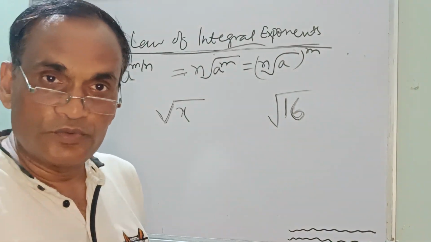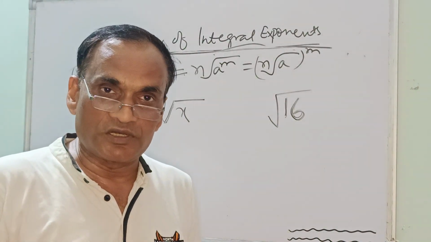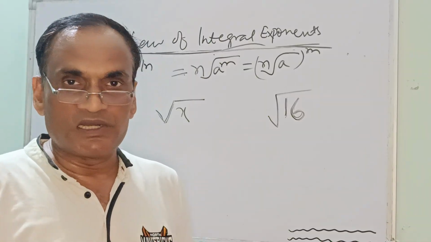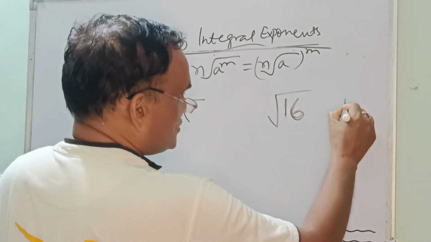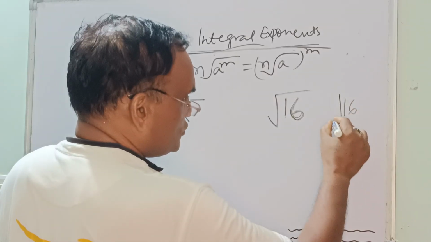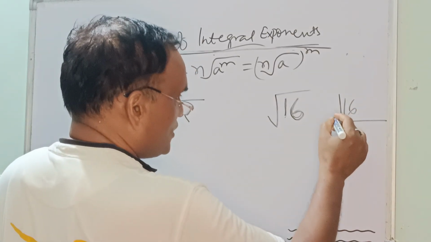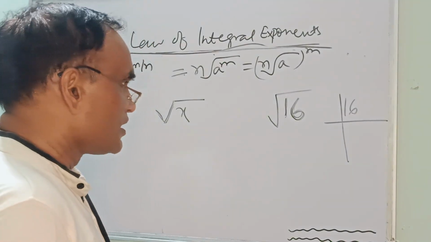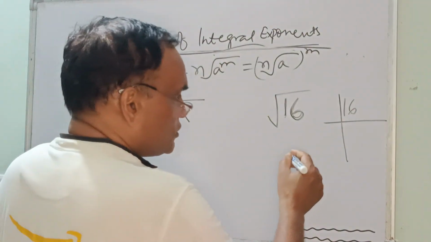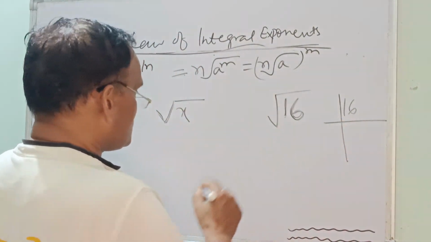How are you going to get the value of this root 16? Certainly you will tell me, sir, first of all, I will factorize this 16. This is the basic method that you learned in 6th, 7th, 8th class. I think from 6th standard onwards it is in your syllabus, right? So first of all, you will factorize this 16.